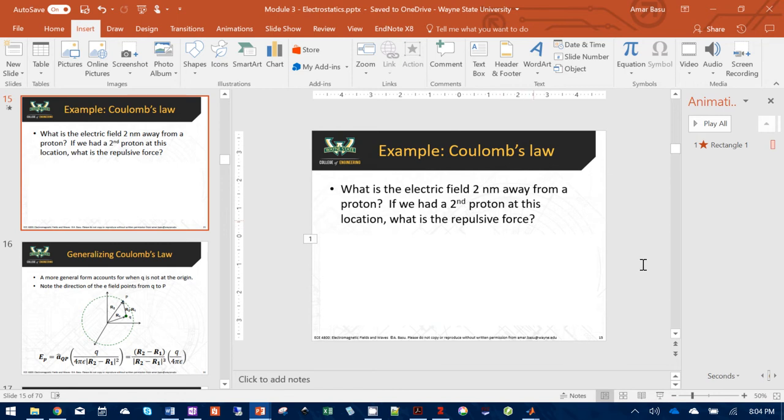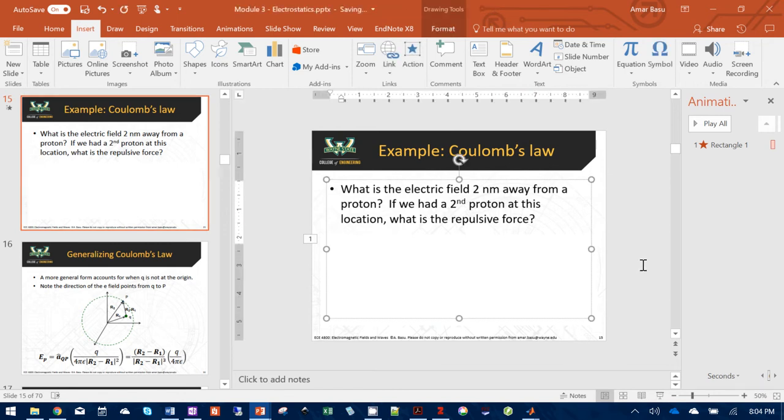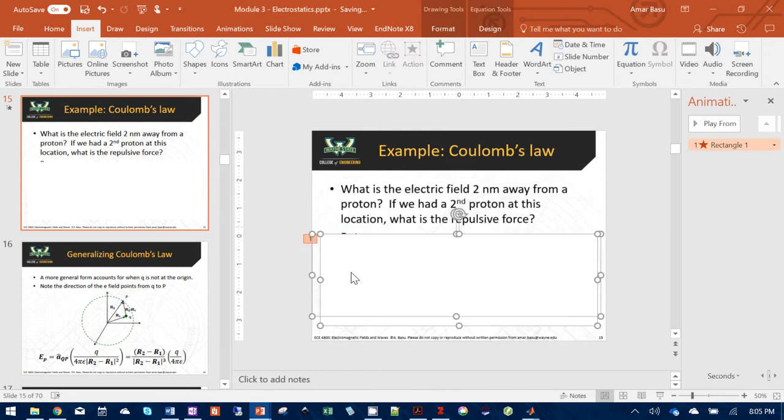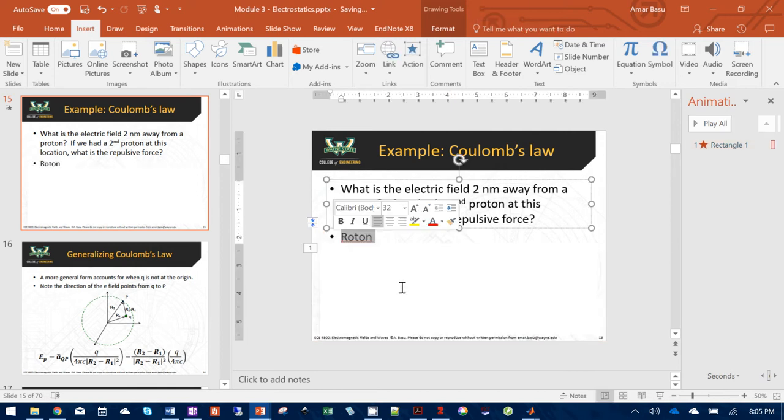I can just add that in here. Proton charge 1.6 times 10 to the negative 19 coulombs.